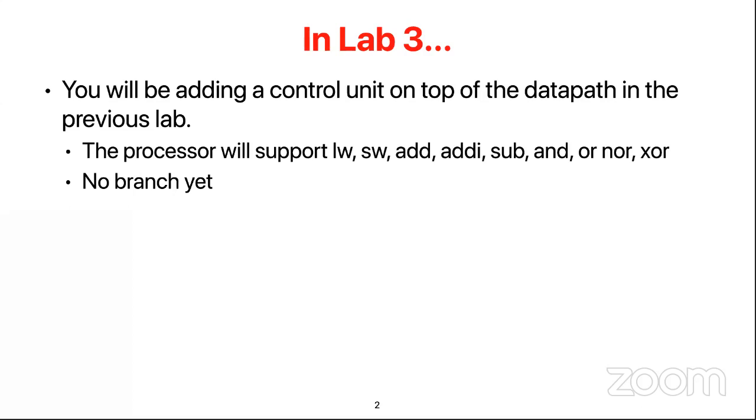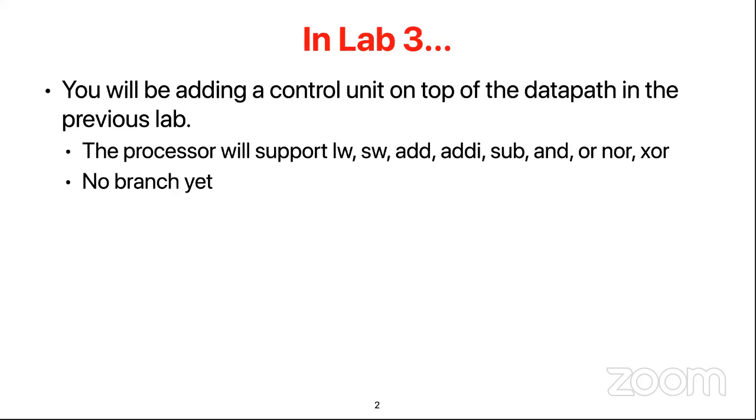In lab 2, we only required you to build data path components, and to verify their correctness you had to write your own test bench and design your own test cases. So that was lab 2.